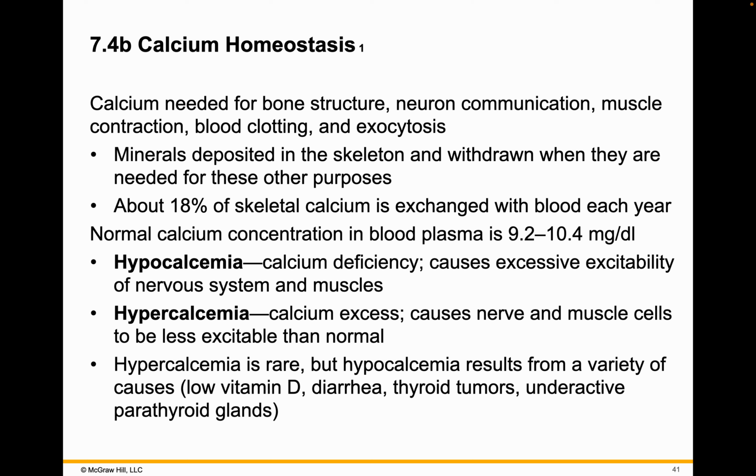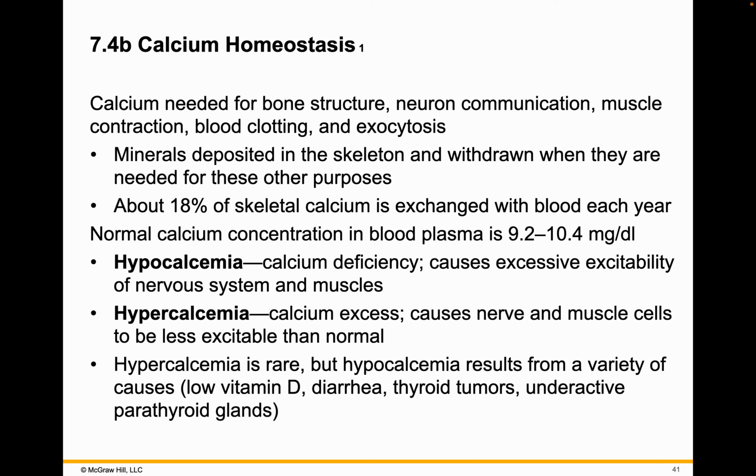Calcium is needed for bone structure, but it is also needed for neuron communication, muscle contraction, blood clotting, and exocytosis. So minerals are deposited in the skeleton and withdrawn when they are needed for other purposes. About 18% of skeletal calcium is exchanged with the blood every year.